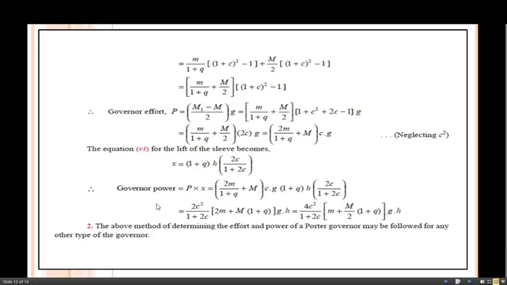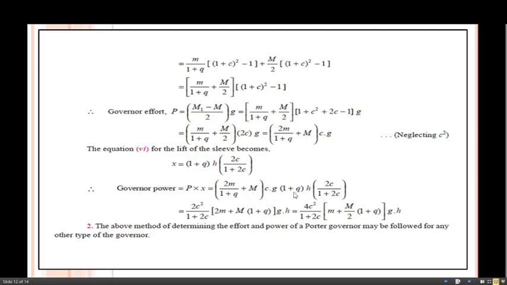Now the governor power is the product of governor effort and displacement. Governor effort is already written here. And what about the displacement? The displacement with us here is 1 plus q into h into 2c divided by 1 plus 2c. Okay, you can get the governor power.